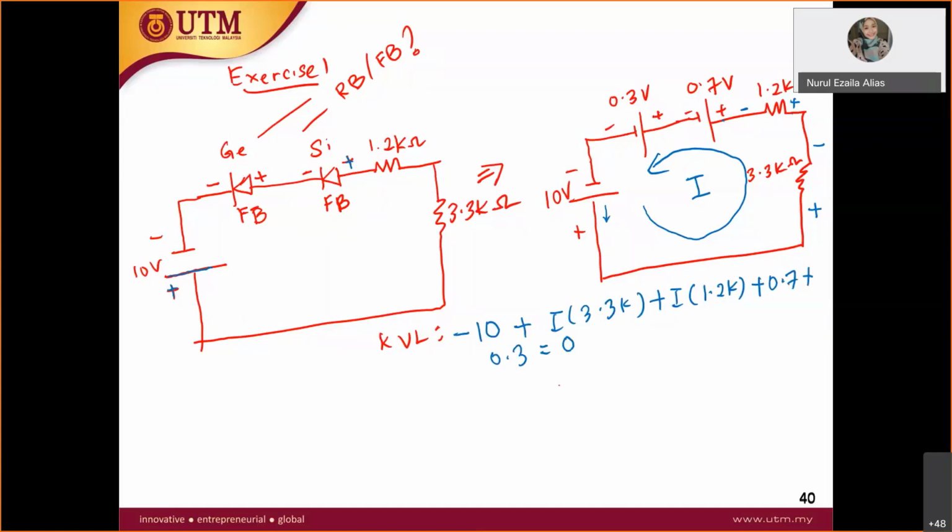Now, can you find the current here? Can someone find the current? You have all this equation. How much is the current? Do you have your calculator with you? 2 ampere. Okay, your friend Zenzian said 2 milliampere.